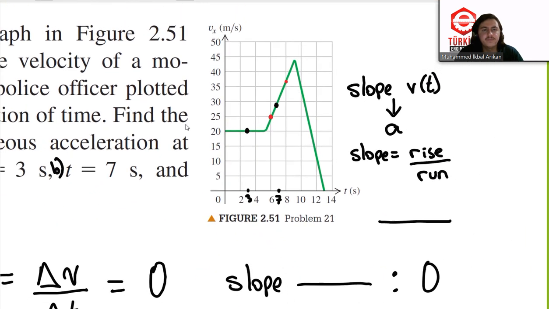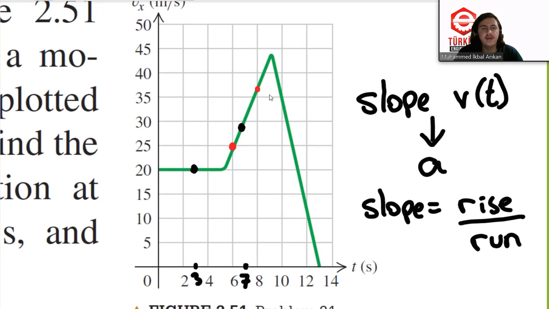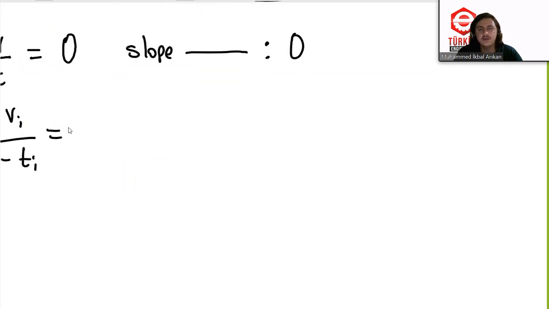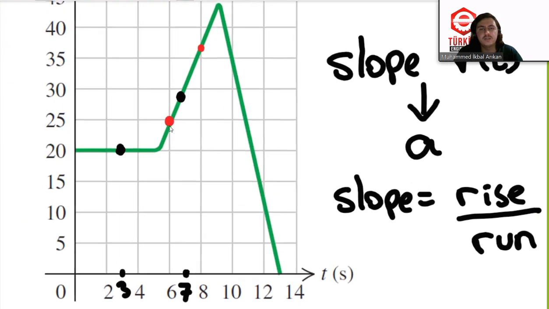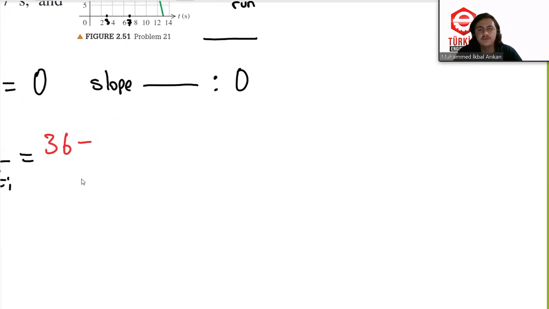So my initial velocity at this point is 25.